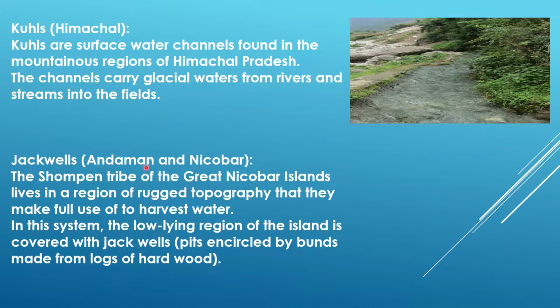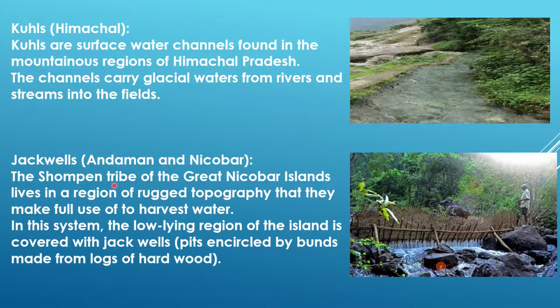Jack wells, especially in Andaman and Nicobar Islands. The Shompen tribe of Great Nicobar Island lives in a region of rugged topography that they make full use of to harvest water. In this system, the low-lying region of the island, that is Nicobar Island, is covered with jack wells, pits encircled by bunds.